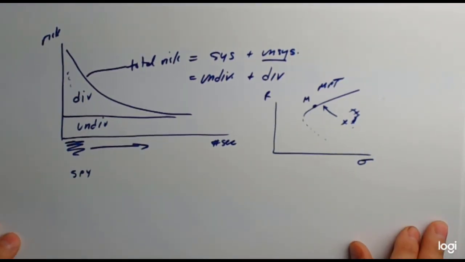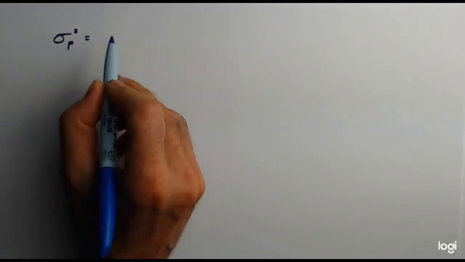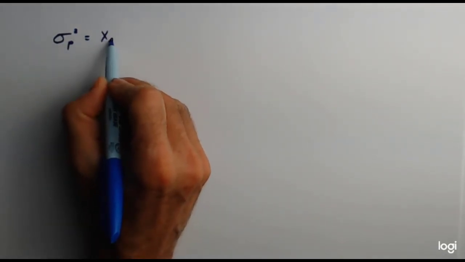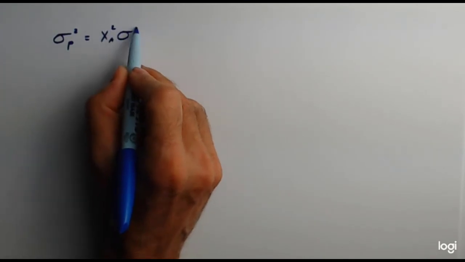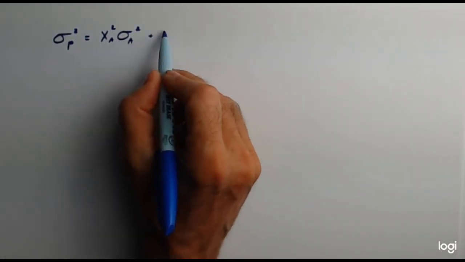So let's clean this up. And let's look at the risk of a portfolio. We know that the risk of a portfolio is the weight we have in X squared times the variance of X for each security.